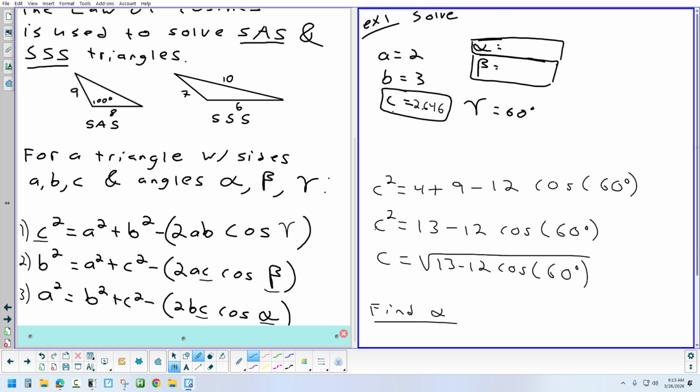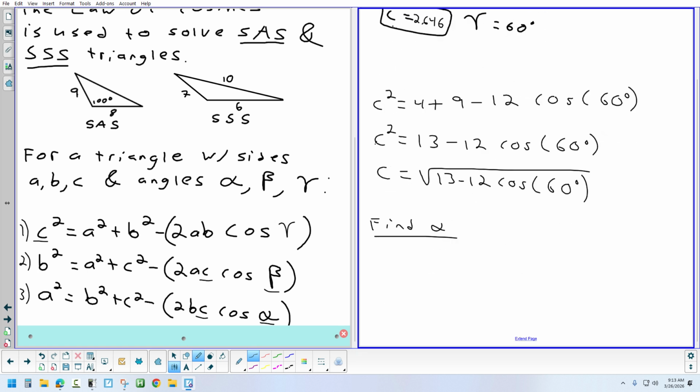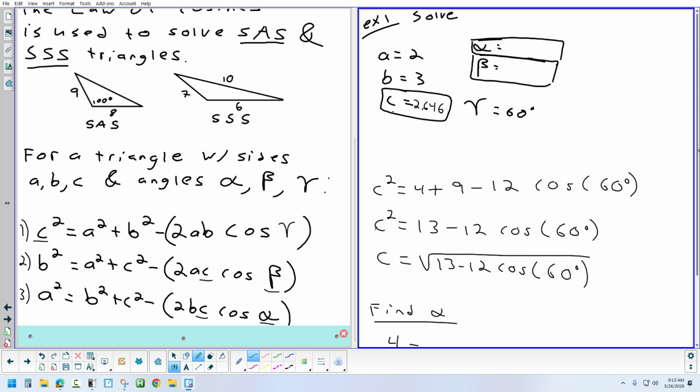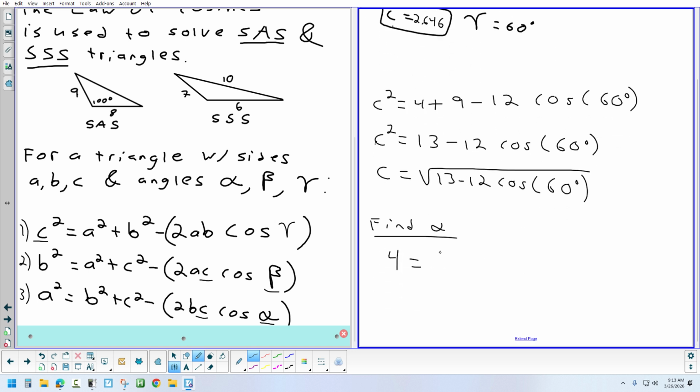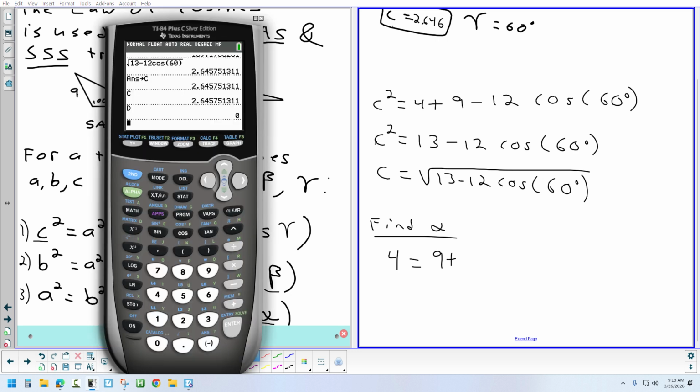What's a squared in this case? 4 equals b squared. What's b squared? 9 plus c squared. This is how I'm going to do c squared. C squared, just like that. And I get exactly 7. So c squared is 7.